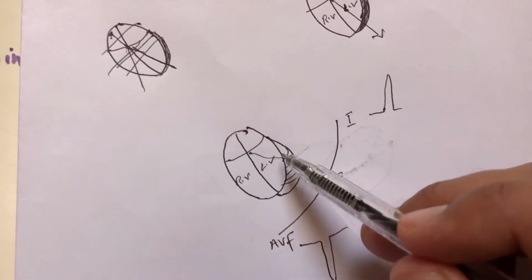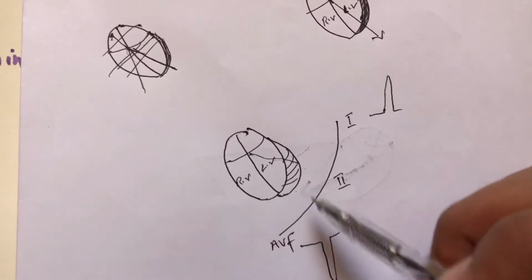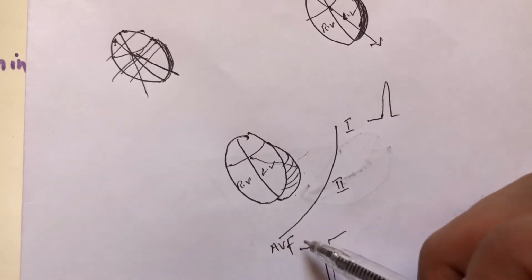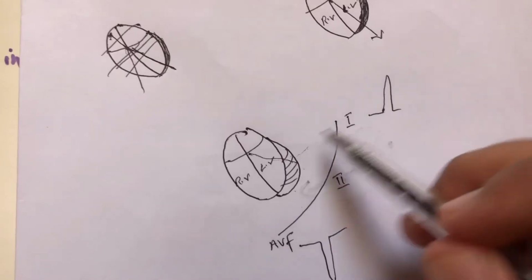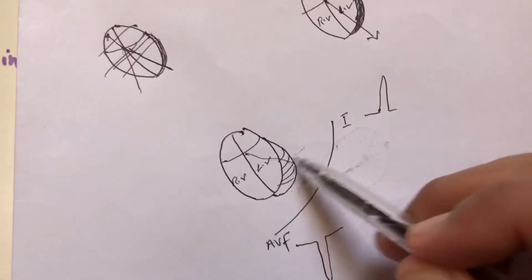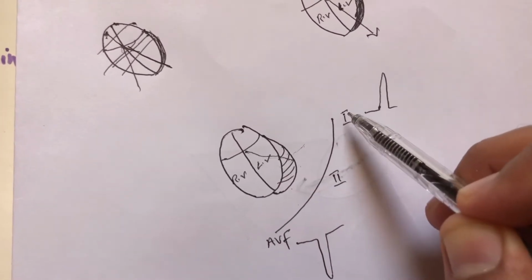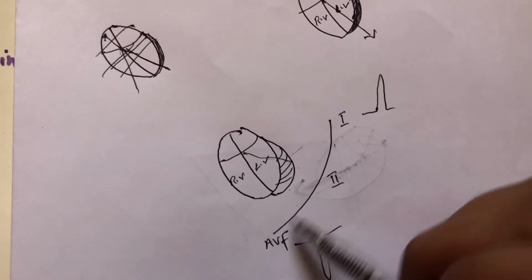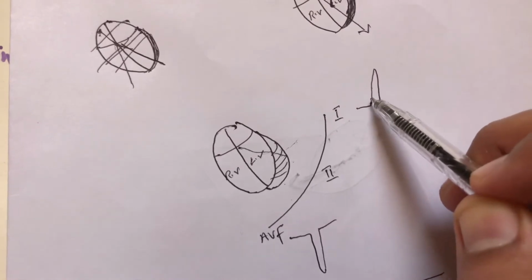Now this side can be seen on lead number 1, and this side can be seen by lead number AVF.